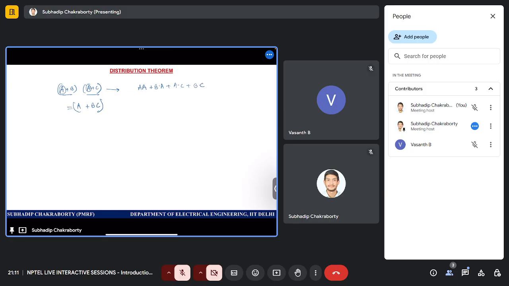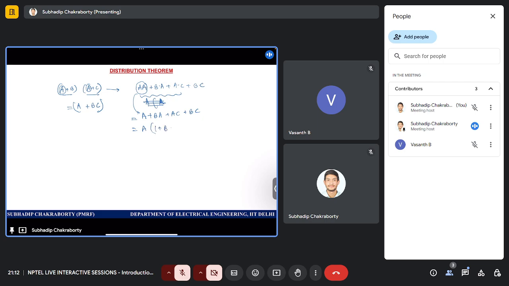Now A dot A means A, so you get A plus BA plus AC plus BC, and you can take A common from these terms.